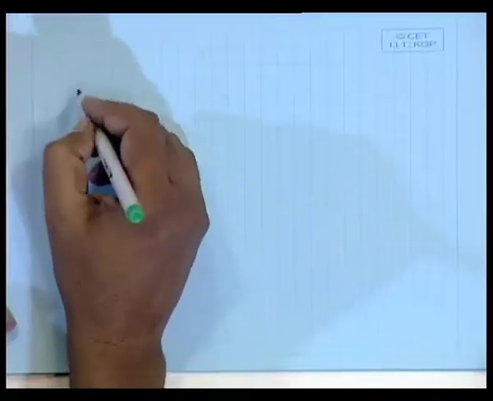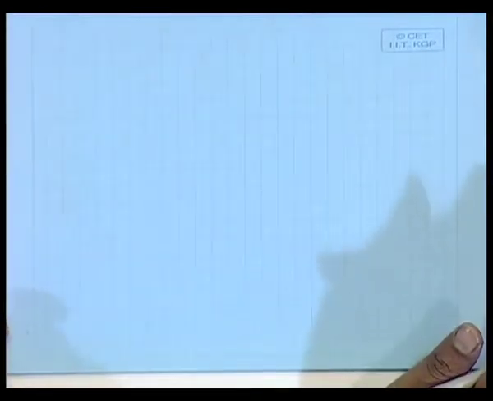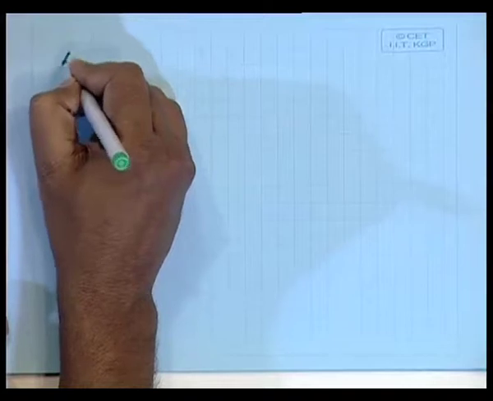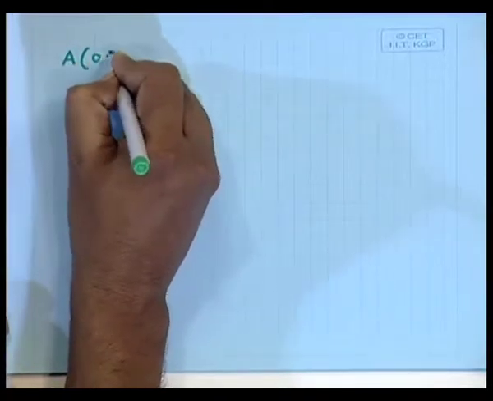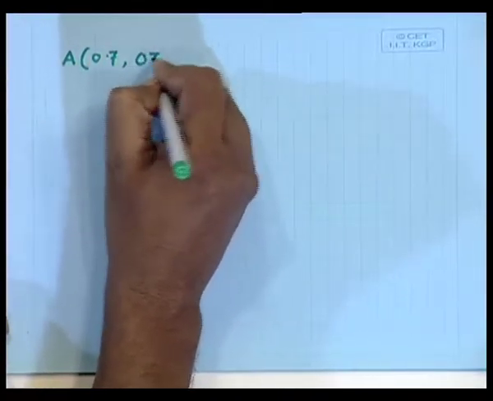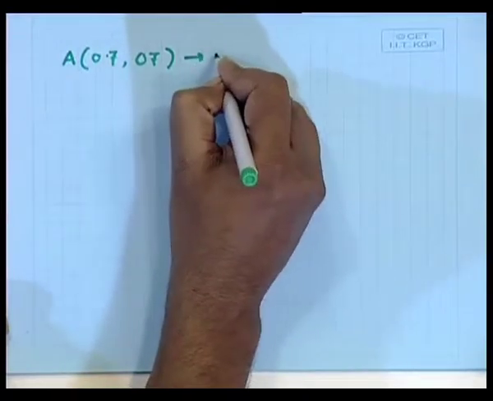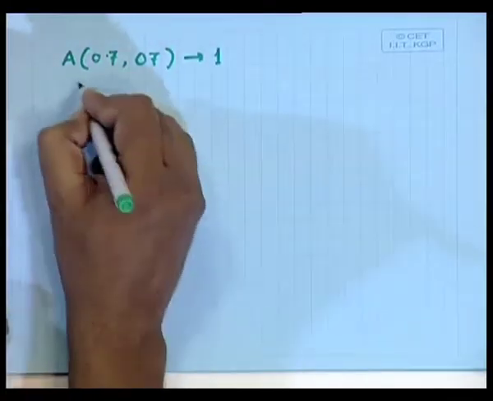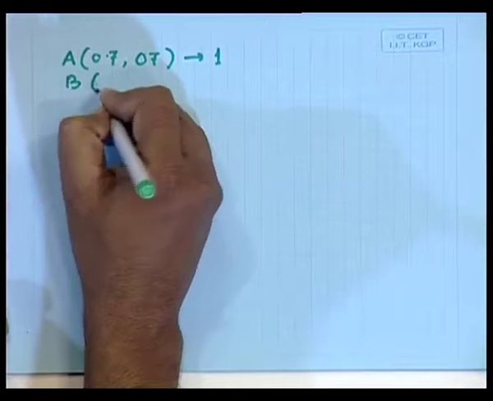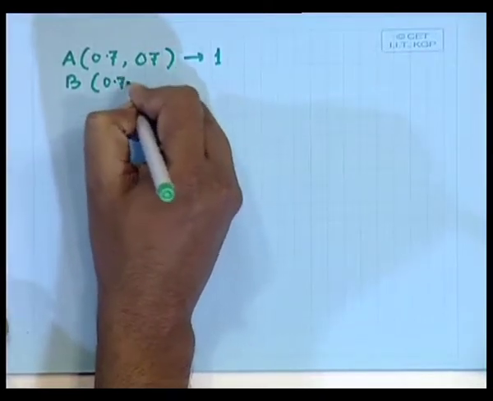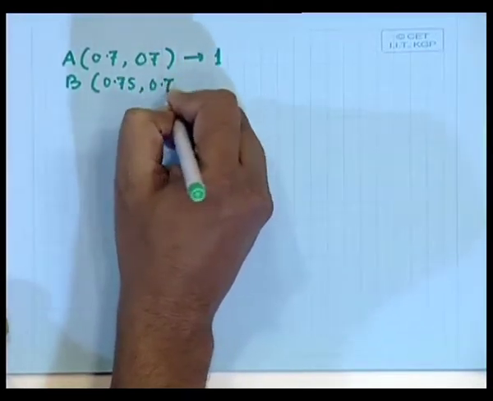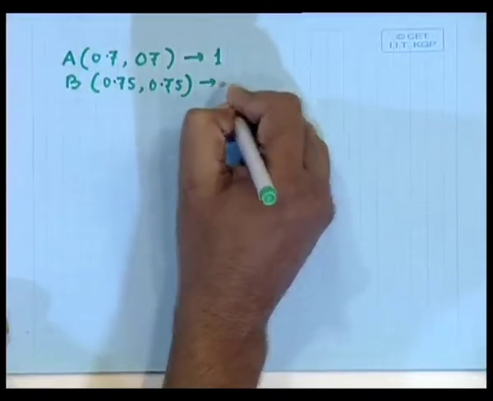Let us take a few points belonging to two different classes, class 1 and class 2. I take a point A whose coordinates are 0.7, 0.7, and suppose this point A belongs to class 1. I take a point B whose coordinates are 0.75, 0.75. Suppose this also belongs to class 1.